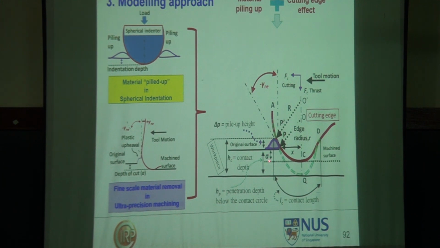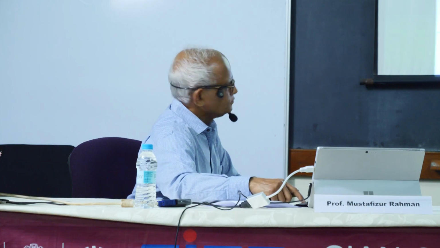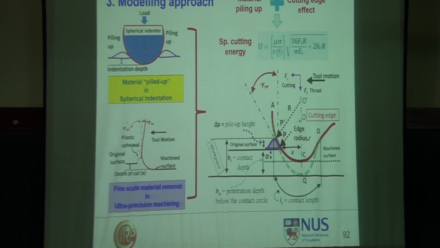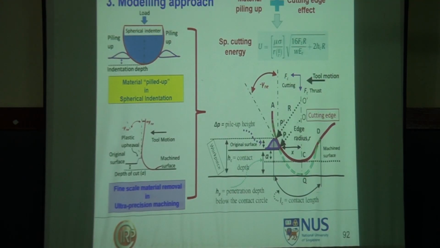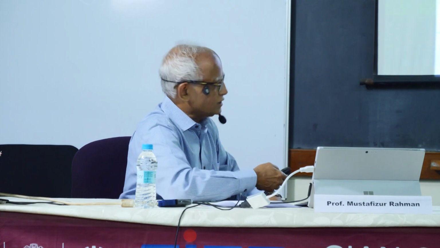First of all, when you press the tool, so this is your contact depth when you cut it, and this is pile up on both sides, and then from there you calculate your specific cutting energy U based on all these geometrical figures given. Okay, it's a combination of an equation bringing in geometrical factors. You can say all these are geometric equations. Fundamental equation supported by geometric equations.